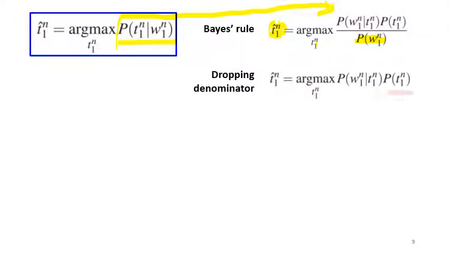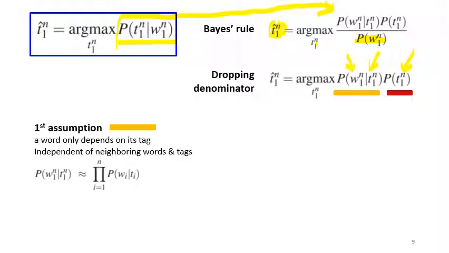Now we'll look at these two terms in this equation. For the first term, we want to find the probability that we see that word sequence given the sequence of the tags. The second part of this equation is the probability that we see the sequence of the tags from 1 to n. Let's see the first term.